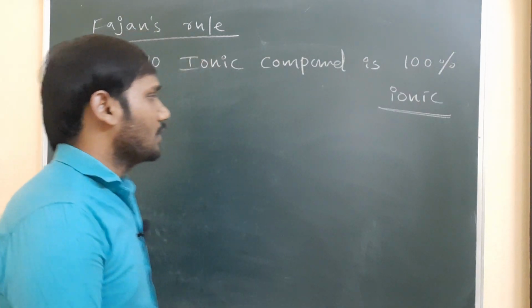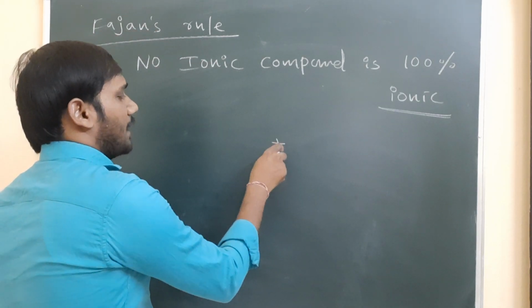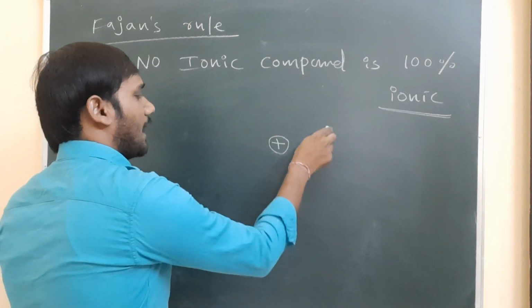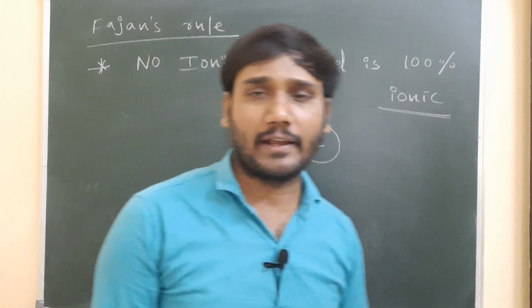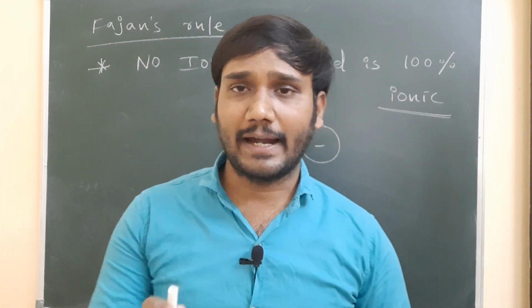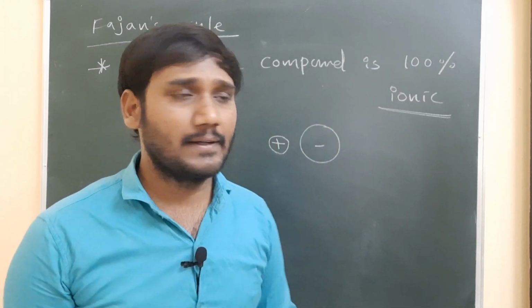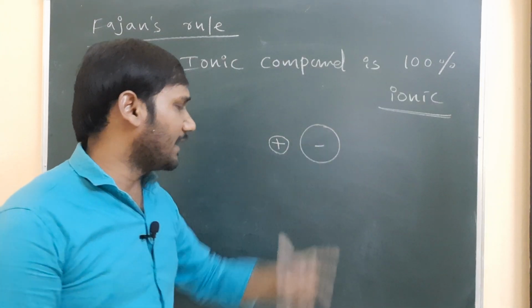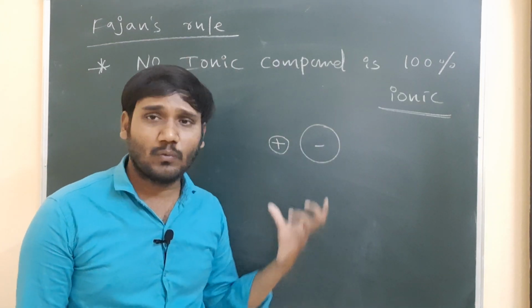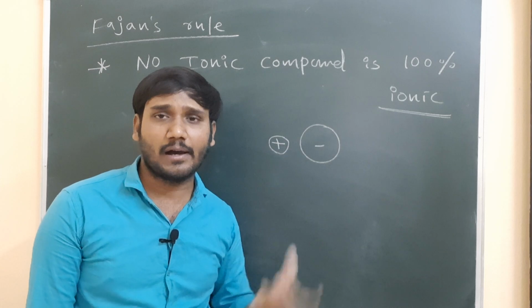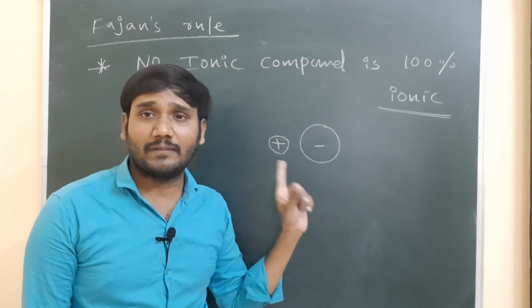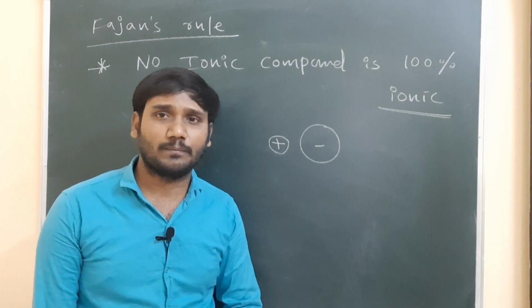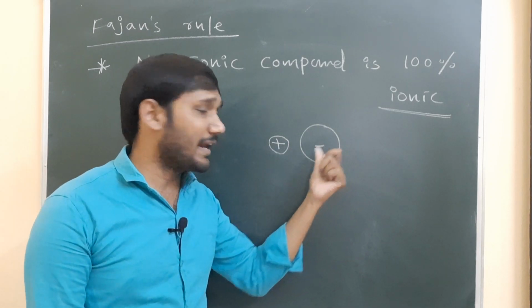For example, I am taking a small size cation and a large size anion. The cation size is small, and the anion size is large in this case. When a small cation and a large anion come close to each other, because of the small size of the cation, its attraction capacity is more, and the anion is large.